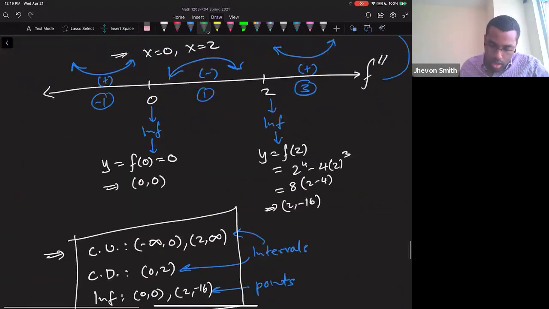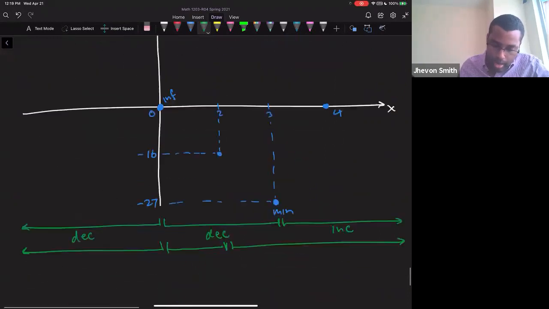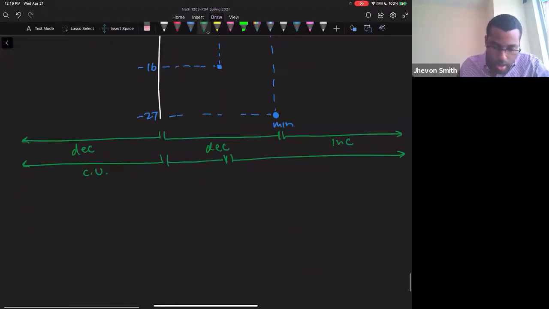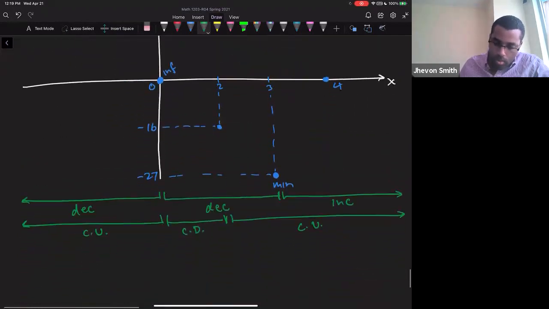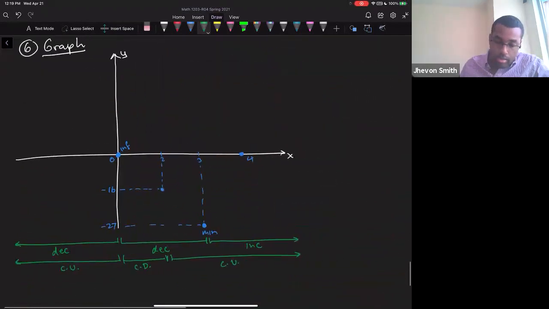And it was concave up on the ends, concave down in the middle. Yeah, and that is now everyone. All the information that I had above is now on this picture. So I know all the coordinates I need to pass through, and I know what I need to look like when I'm passing through them.